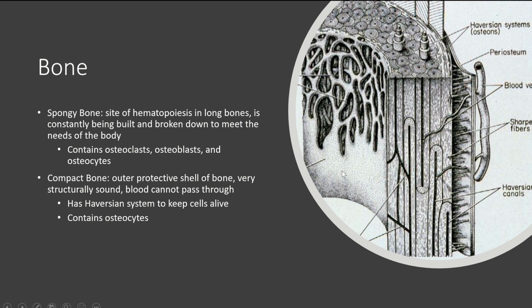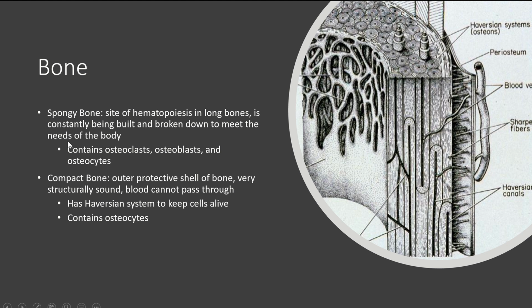If you are in need of more calcium in your blood, it will break down those little parts of the bone. And if you eat a bunch of calcium and you don't need it, it will build those back up to store them and keep them in there. So it's constantly being built and broken, and that's the cool thing about bone: it has a high turnover rate.